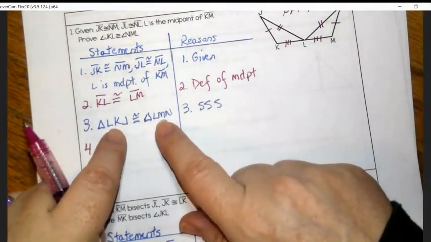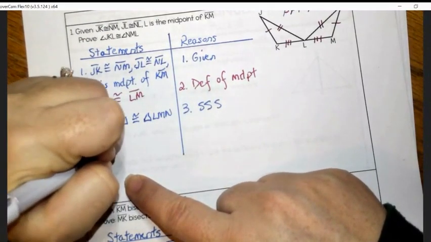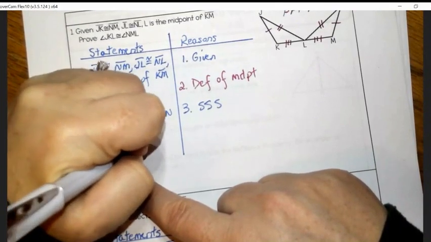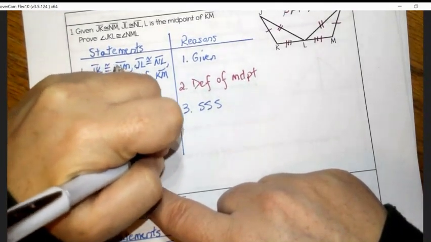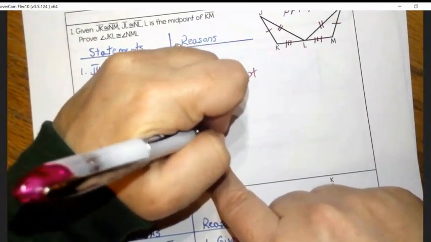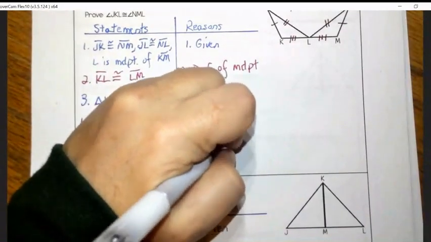They're in the same position when I name the triangles, so that's good. We can say that those 2 angles are congruent because they are now corresponding parts of congruent triangles. So the reason here is CPCTC. And that is the end.